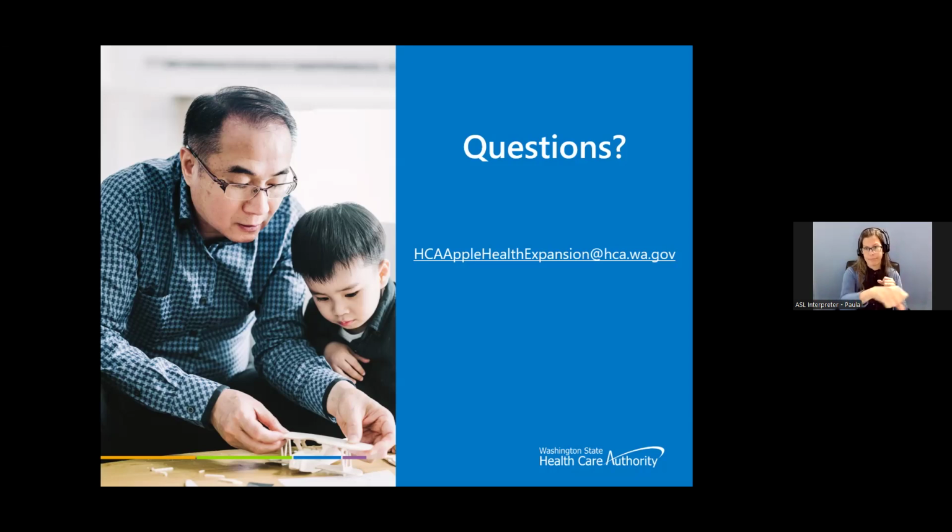So are there a number of spaces being saved for clients over the age of 65 who are going to use Washington Connections? Another great question. Yes. So we are able to enroll up to 13,000 individuals into Apple Health Expansion. We recognize that Washington Connections is paper based. There is an online feature as well for that particular platform. But we are holding back about 10% of our spots, or 1,300 spots, for individuals who will be accessing the Apple Health Expansion program through Washington Connections.